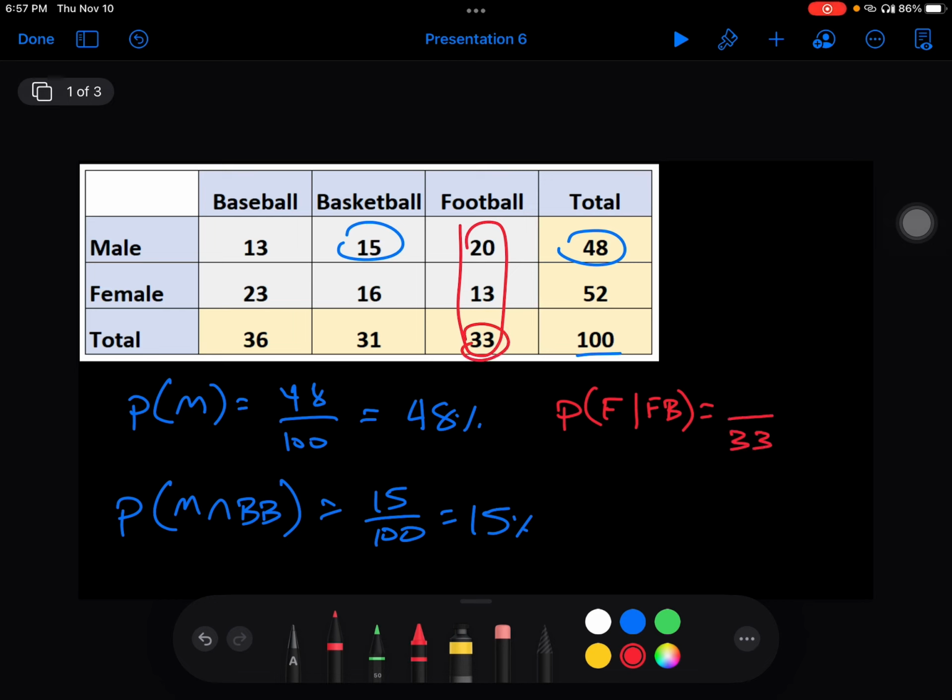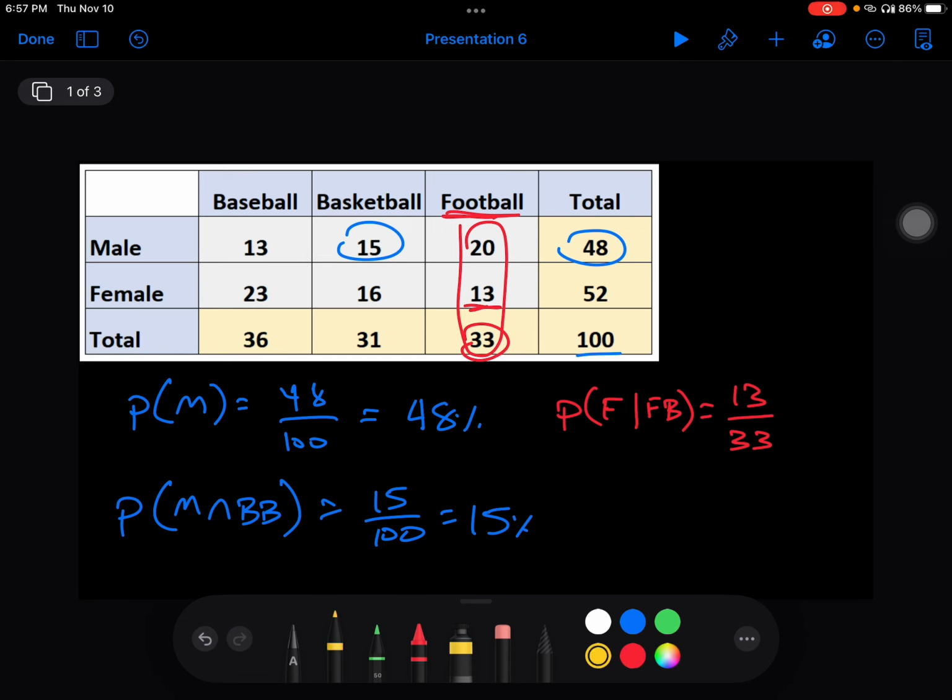So of those 33, 13 are female. So there's a 13 in 33 chance that, given that she plays football, she is female. 13 out of 33 is the number.